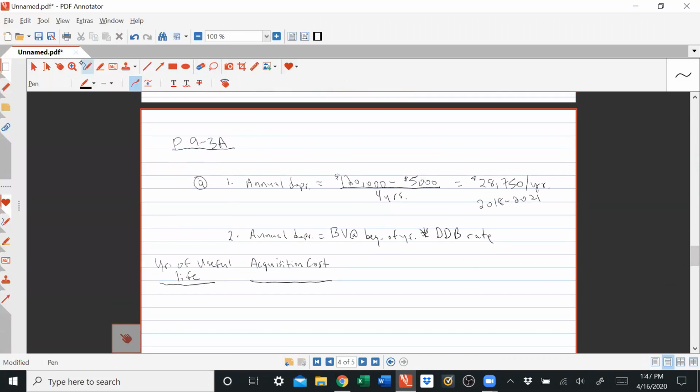All right. First column, year of useful life. Second column, acquisition cost. Third column, the beginning accumulated depreciation. In other words, the balance in accumulated depreciation at the beginning of whatever year we're talking about. And the beginning book value is the next column.